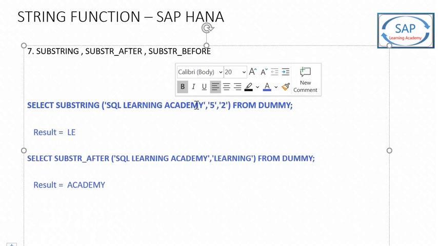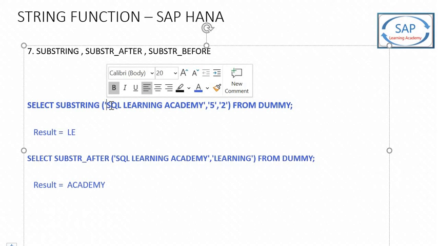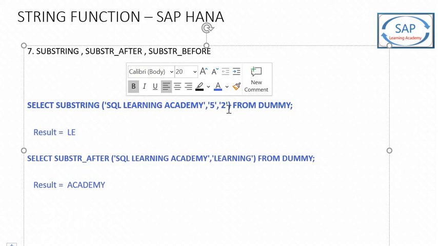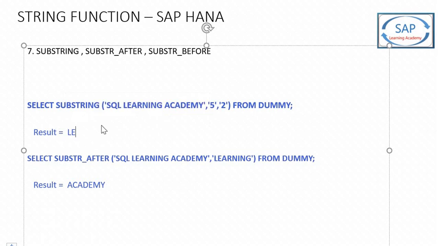First is your main string, then from what position you want the letters, and the first character is considered as 1. The fifth position is this one, L, and how many characters do you want? 2. That's why it results in LE, because S, Q, L is 1, 2, 3, then the space is the fourth position, and this L is the fifth position.